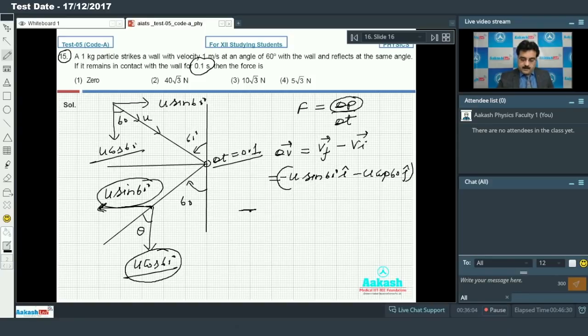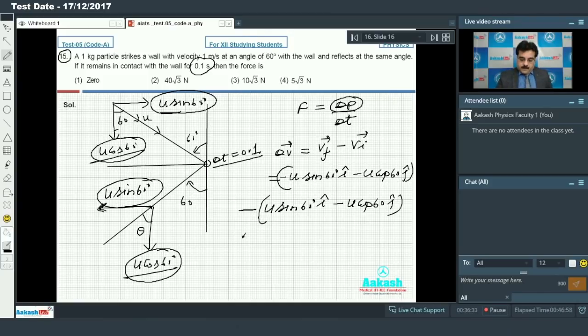And if I go for the initial velocity vector, this is the component along x-axis, so we'll write u sin 60 i cap, positive, and u cos 60 you can see here is negative, because it is in the negative y direction, so we will write minus u cos 60 j cap.